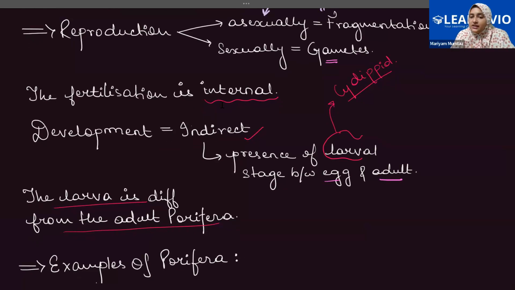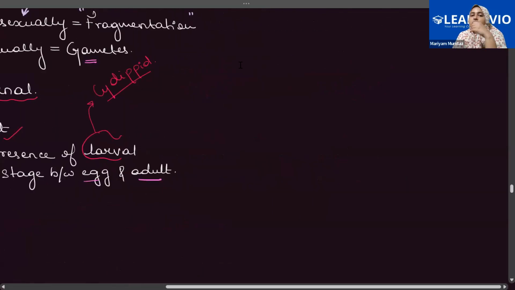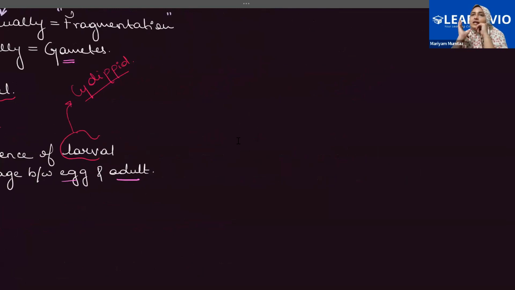Now, since we have entered the animal world, I'll tell you one thing. The animal world has a particular thing which we call development. Have you heard about caterpillars and butterflies? If I say that the butterflies come from caterpillars only, is that right?